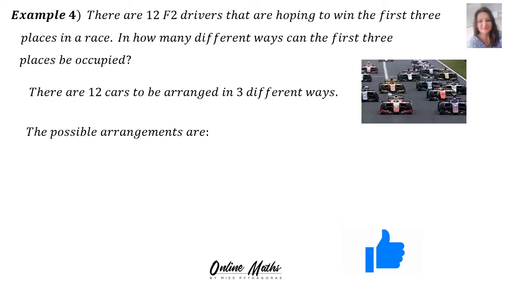The possible arrangements are, do you agree, 12 times 11 times 10. Now this is the same as 12 factorial divided by (12 minus 3) factorial. And then your answer will be 12 factorial divided by 9 factorial. Therefore, the answer, 1,312 different arrangements.